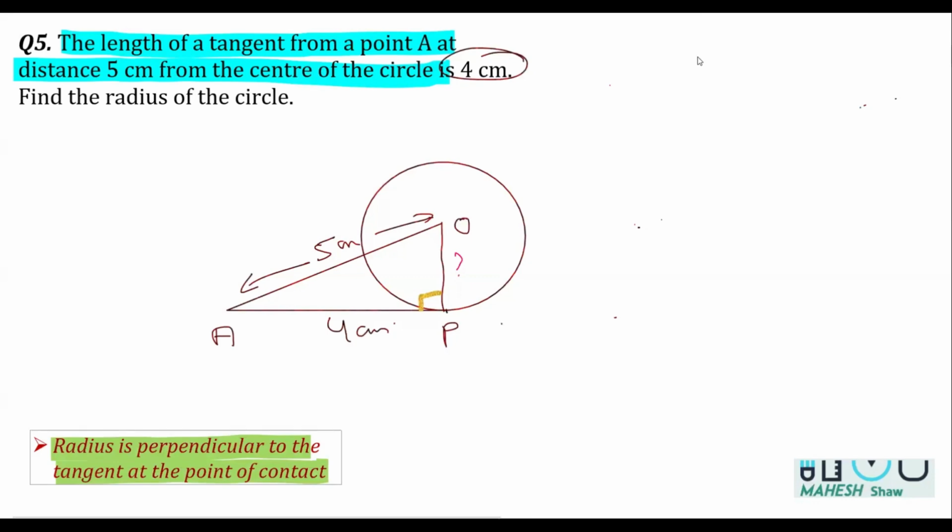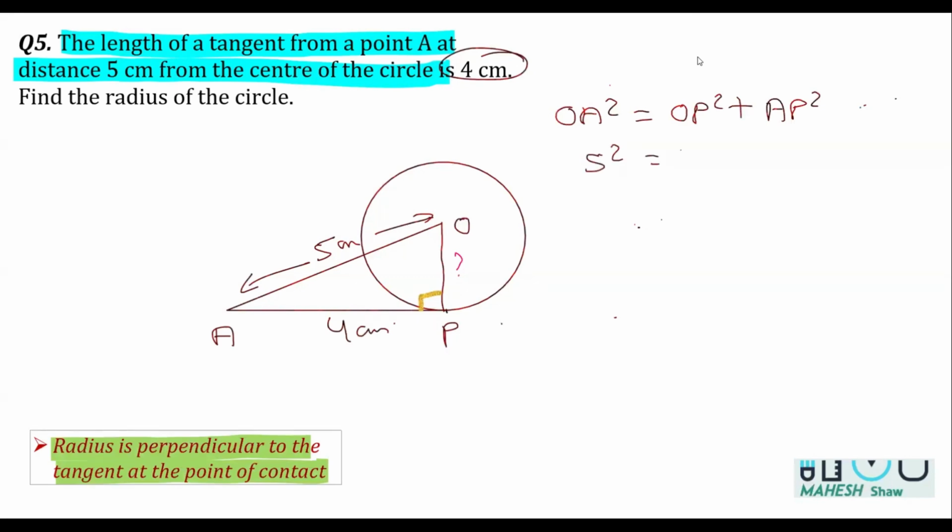The square of the hypotenuse should be equal to the sum of the squares of the other two sides. The hypotenuse is OA, it's not OP. So OA square is equal to the sum of the squares of the other two sides. OA I can see is 5, so I'll write 5 square.